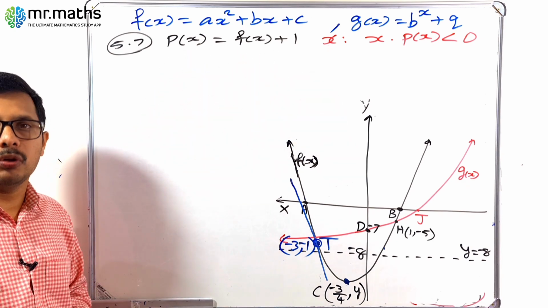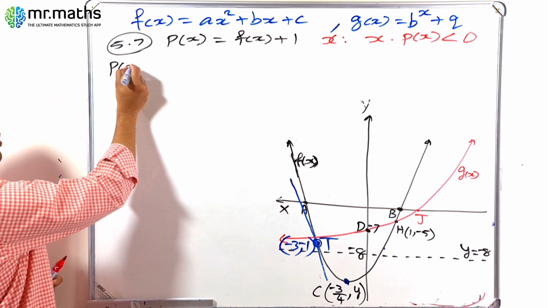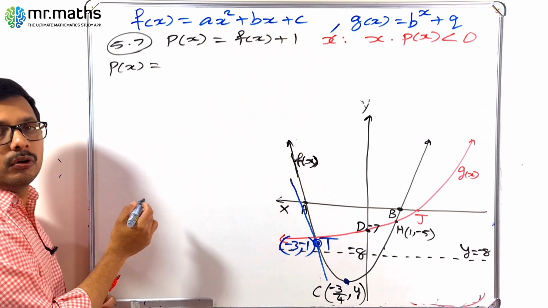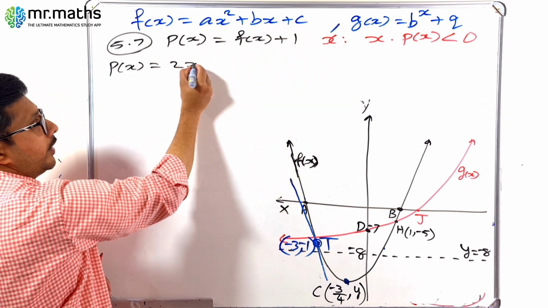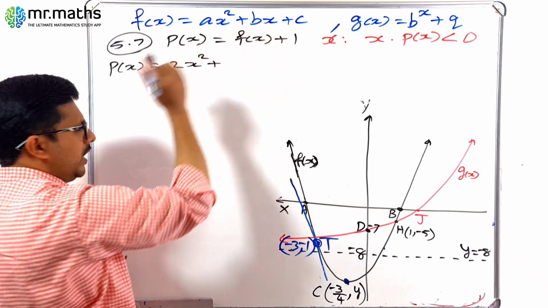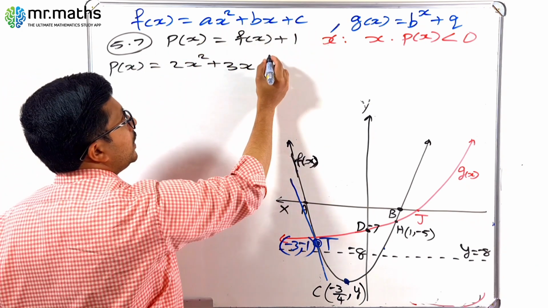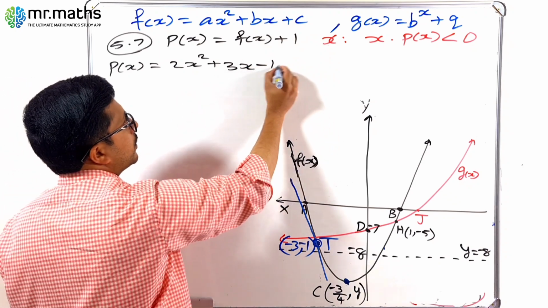So first of all, we have to know what is p of x. What is f of x? This is f of x. We already know what a, b and c are. So it is 2x square plus 3x plus c, which was minus 10.